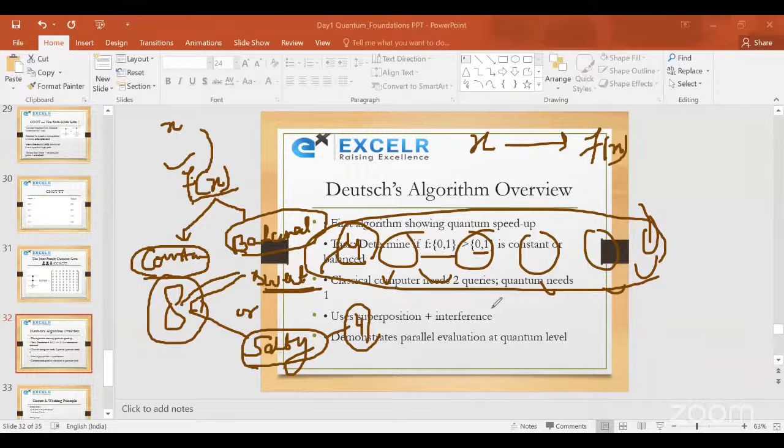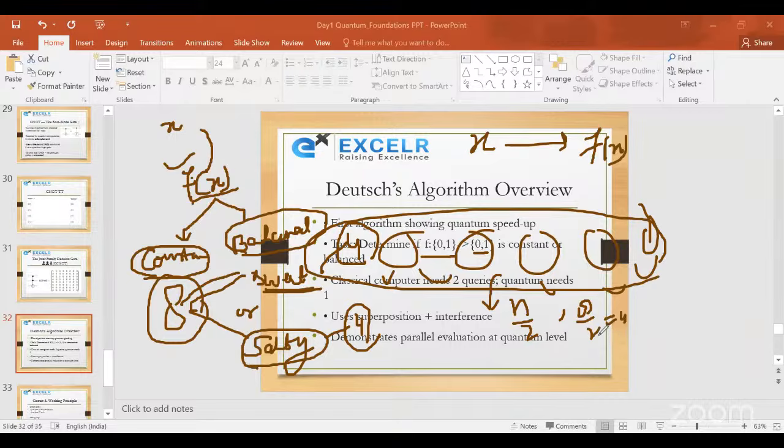This is the worst case I'm talking about. In the best case, you may know the complexities, like Big Omega of n. So in the best case, we can have n by 2. N by 2 means 8 by 2, which is 4 steps.